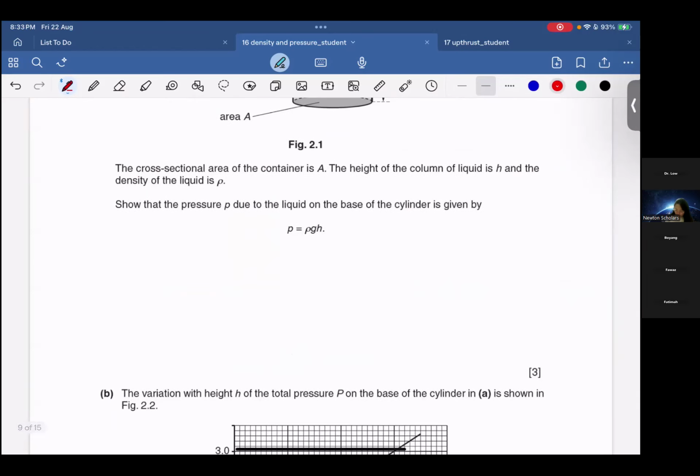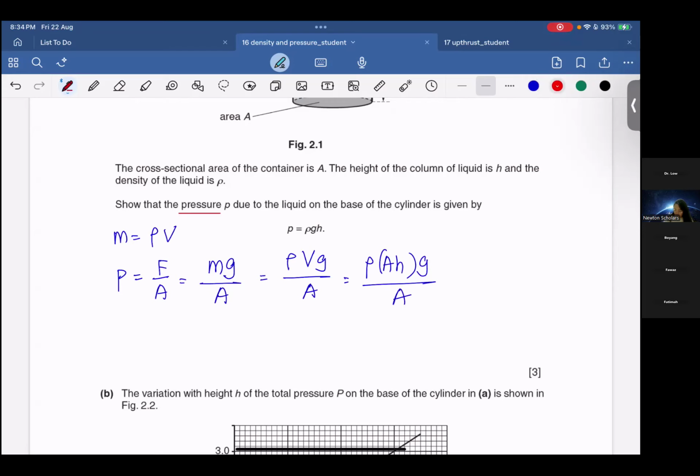They ask you to derive and show how you get this formula. So just now we said that we're using the density, where the mass is rho V. The pressure is the force acting on the area. So this one is mg divided by area, which is rho V g over area. V is A times h, so rho A h g divided by A. Area cancels, so we get rho g h.